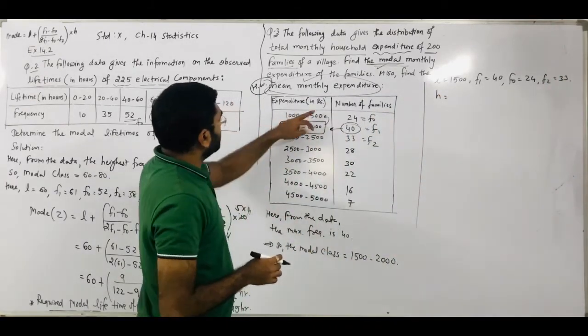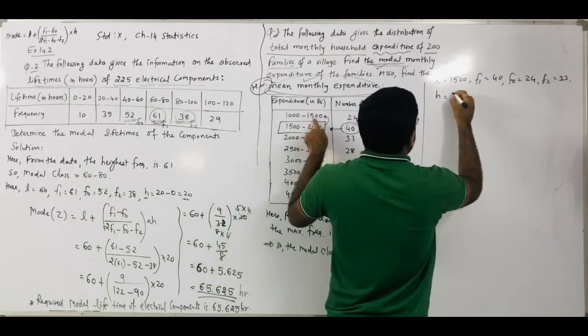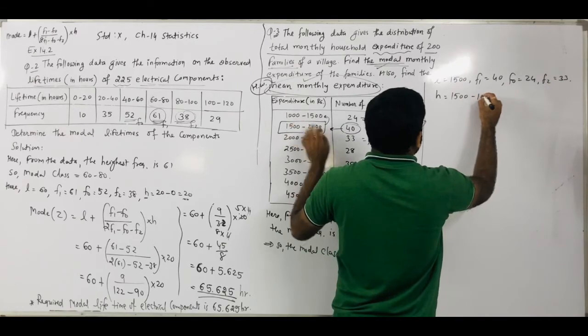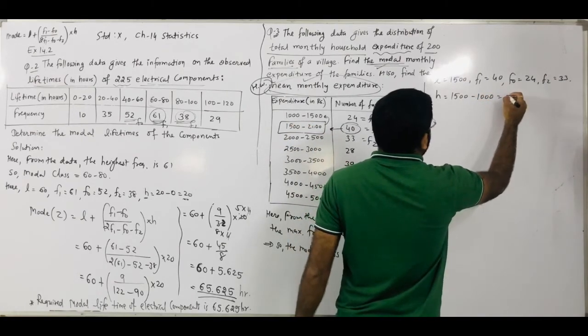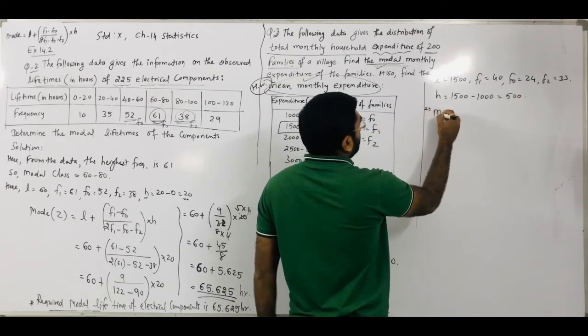And our H value we require. The given classes are continuous, so from the first class we can define the H value as upper limit minus lower limit. 1500 minus 1000, so we get 500. Right? Now we put the values in the mode equation.